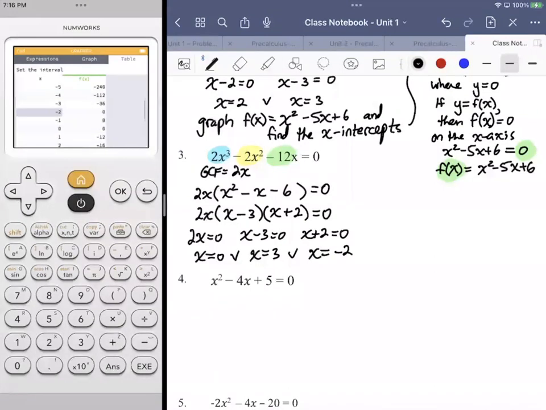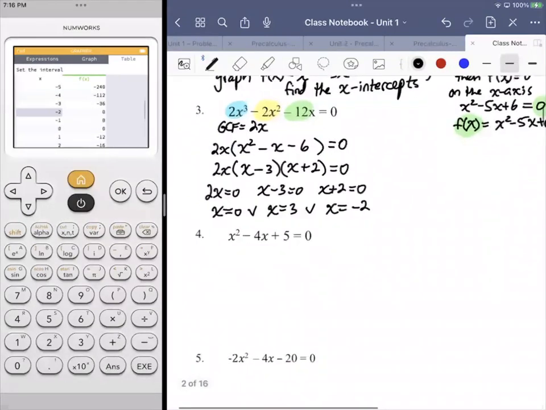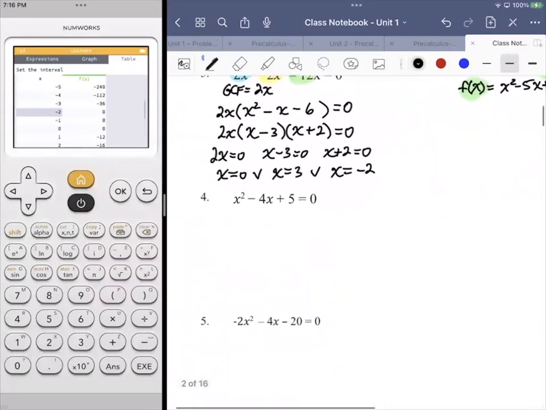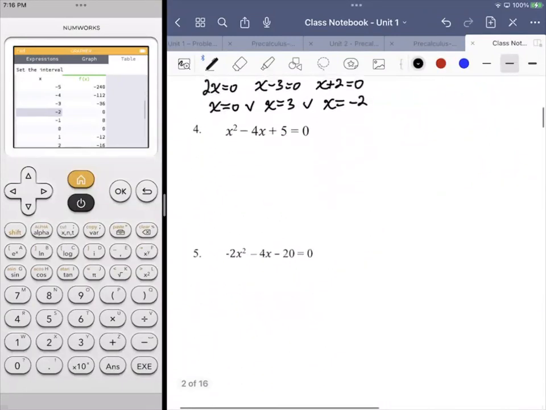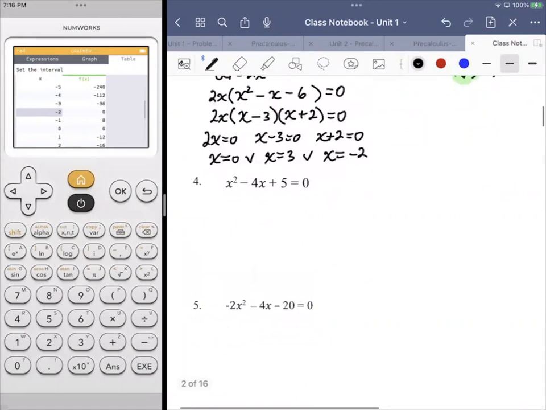Now, I wanted to take a minute or two and review completing the square. That's what I saved the last two problems for. Whether they're factorable or not is not relevant at this point. We're going to apply the completing the square technique. As a quick review, first thing you do is you get rid of whatever the c value is.